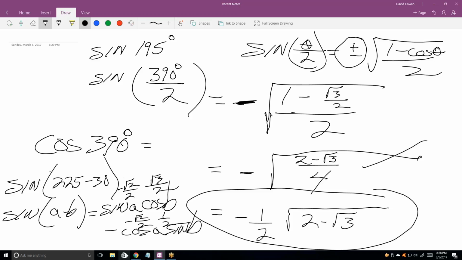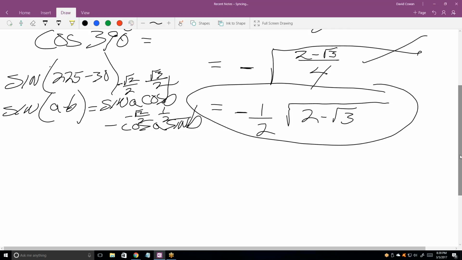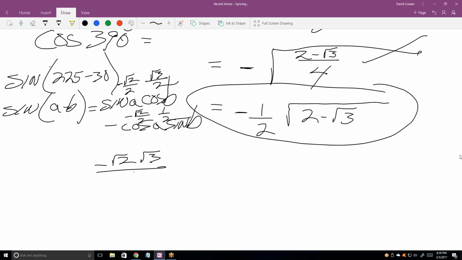Interesting. I don't think we end up with a radical inside of a radical there. It's interesting that they're the same answers. They have to be. What do we end up with? We end up with minus root 2 times root 3 over 4, all minus a minus root 2 over 4.